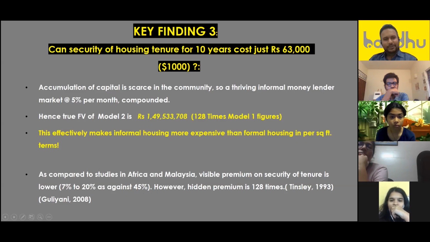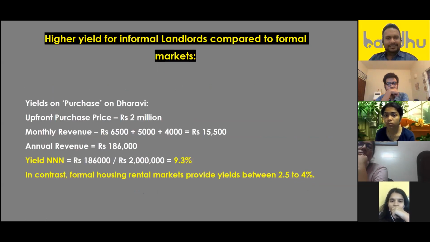And to give you an example which all of us can relate to, because at some point of time we all lived in rented apartments when we were studying or working. I'm giving a Dharavi model, and let's compare it to Ahmedabad. In Ahmedabad, you can buy, suppose, a 3-bedroom apartment for 2 crores.